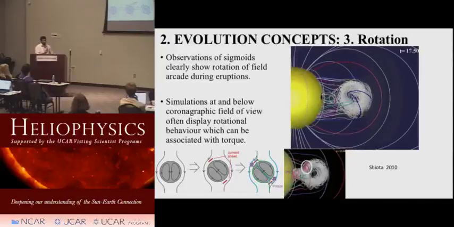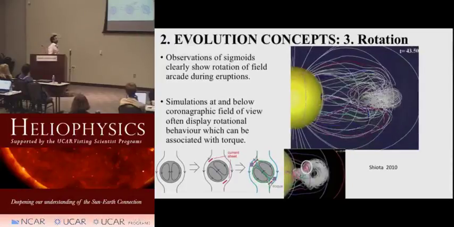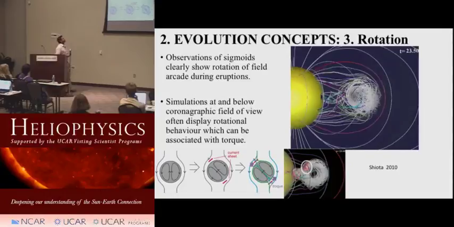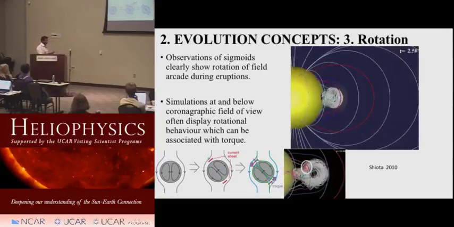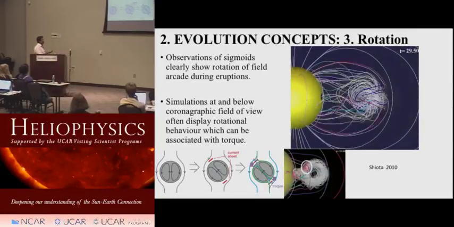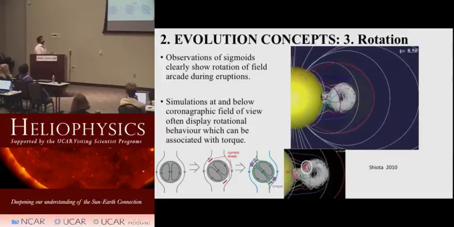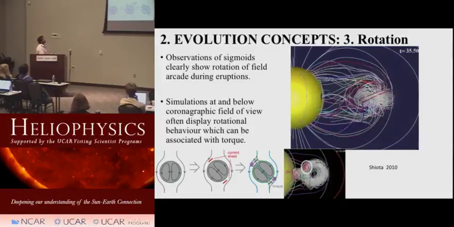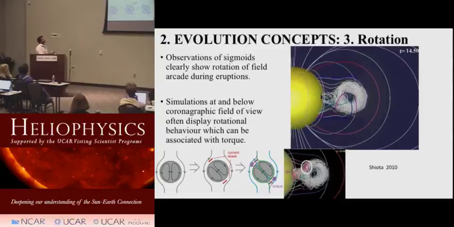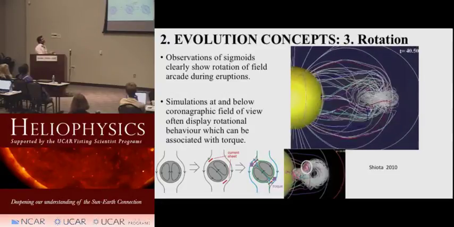In this case, this is a different case of why the object is rotating, not down to the background, but just through the release of the CME, and you're getting current sheets forming and actually causing a torque. As the CME comes out through this MHD model, you're seeing these flux ropes.